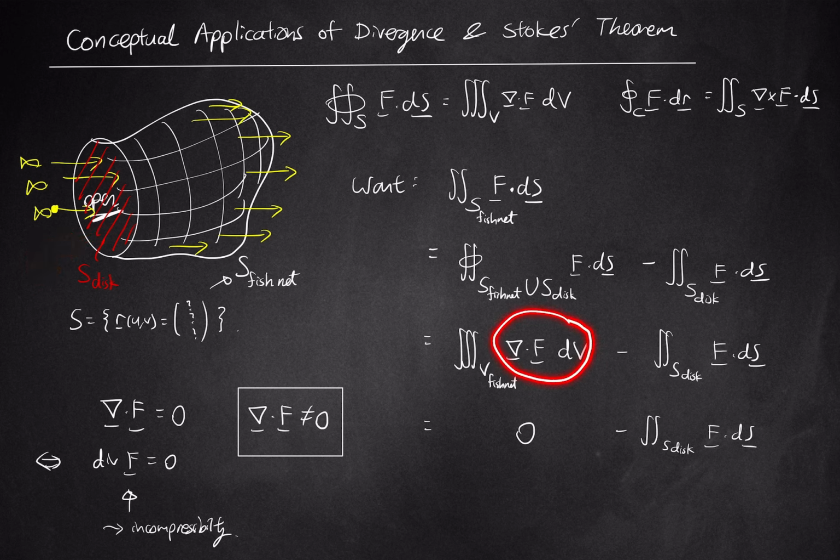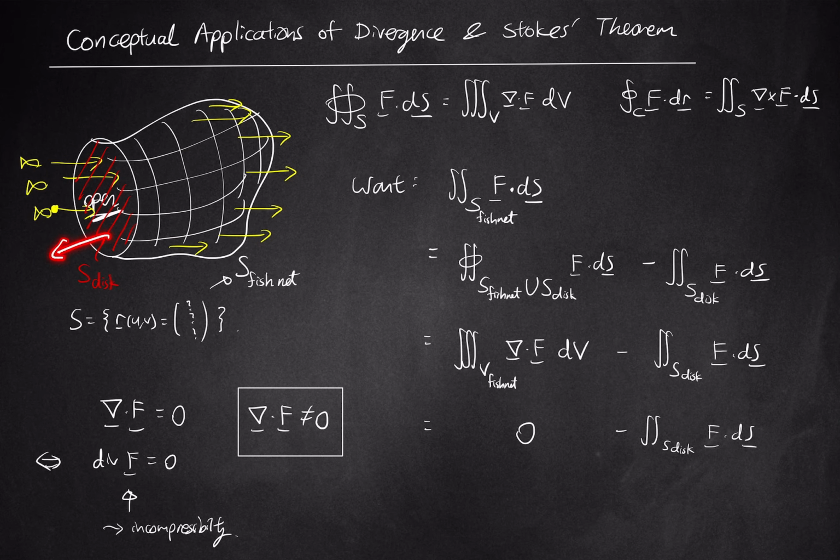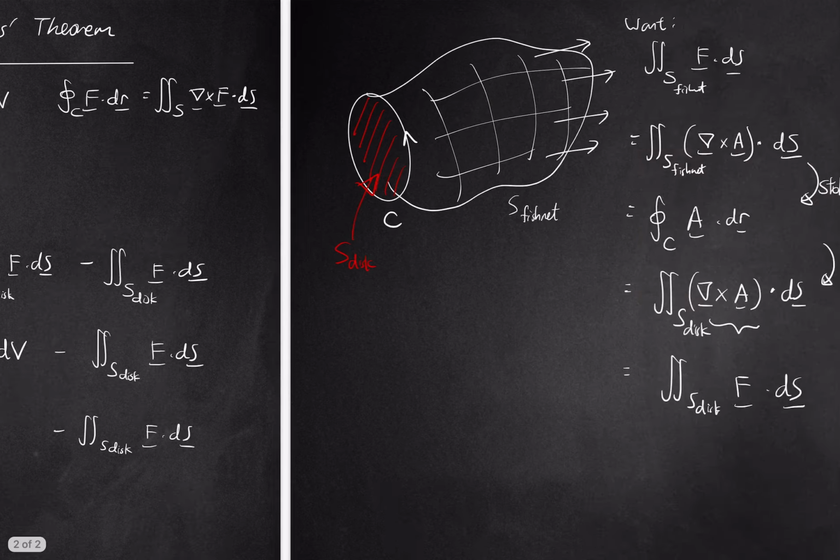When we are invoking the divergence theorem over the full complete closed surface, this dS essentially is opposite of this dS, because here the dS by convention over a closed surface should be defined as pointing outwards from the interior, so it's pointing in this case to the left of the screen.